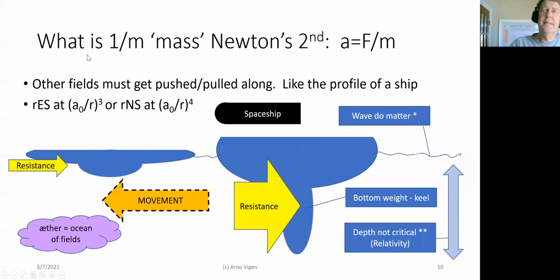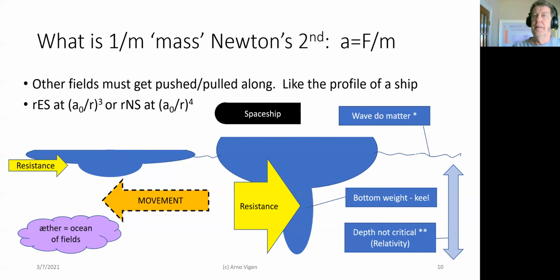So what is that 1 over m, and why does it vary? Okay, I've explained the ratio between protons and neutrons based upon position within a field, but why is that field important? Now, I'd like to think of this. If you have an equation and you have a spaceship and it's moving in this direction, there's no resistance. And so you just calculate those point equations for it.